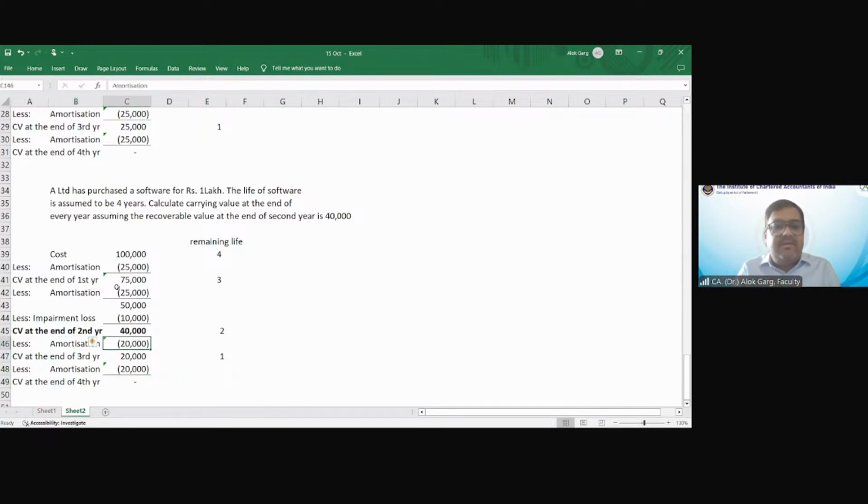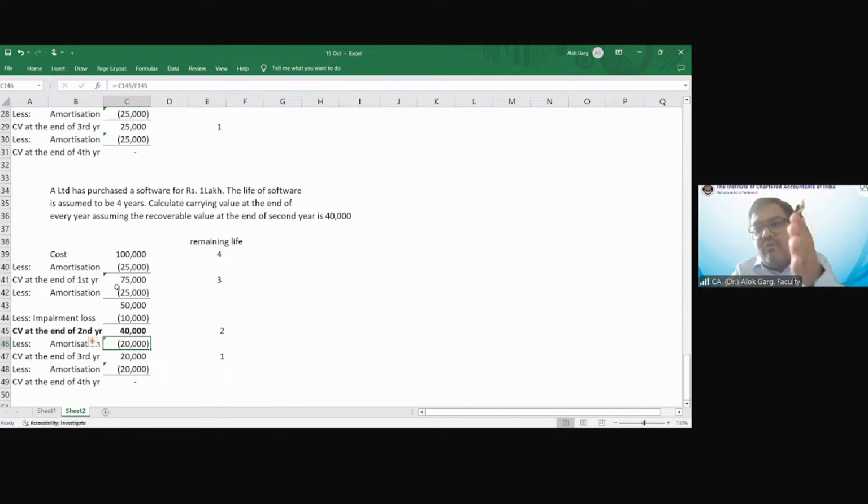So we understood the cost model: cost minus accumulated depreciation minus accumulated impairment losses. We have also understood that amortization or depreciation has to be charged on the carrying value over the remaining useful life. It is prospective. In the first 2 years amortization was 25,000, but in third and fourth year it became 20,000, because the carrying value has changed. Whatever value comes, you have to distribute it, divide it, depreciate or amortize it over the remaining useful life.